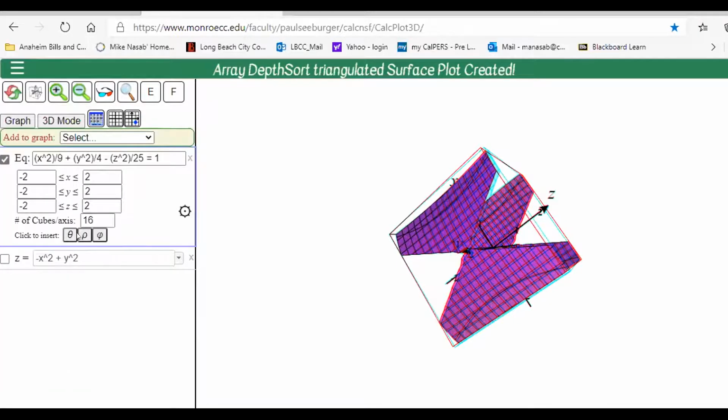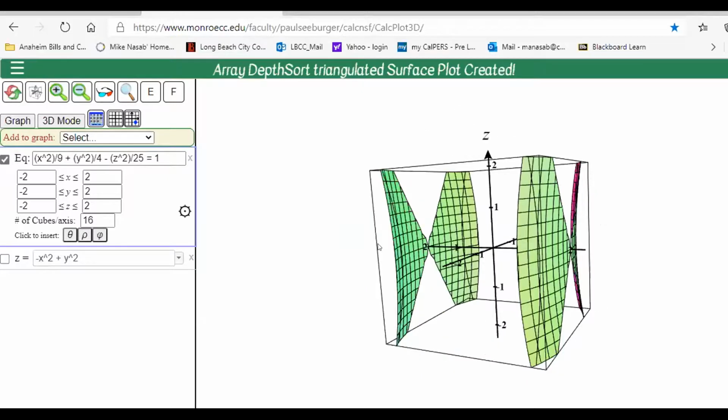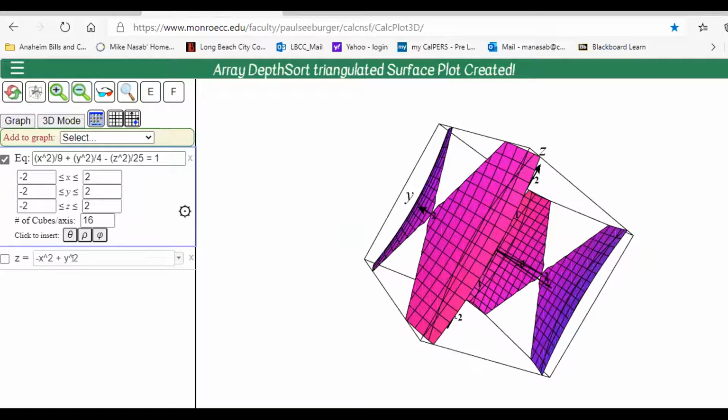Yeah, well, anyways, what are these? Are we on the X and Y axis, right? Professor, do you see how it says under click to insert? Does that have anything to do with it? I think so.